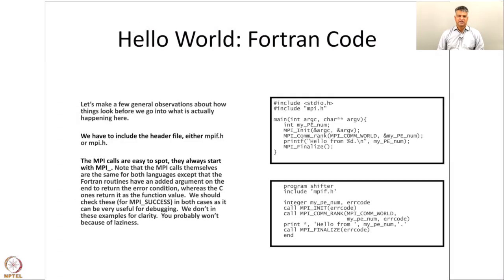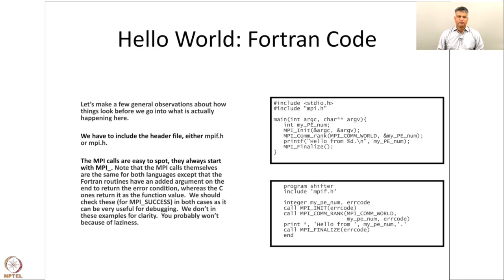So let's make a few general observations at this point of time. For a general MPI code, you will always need to include the header file mpi.h in C or mpif.h in Fortran. MPI calls are always easy to identify because they always start with MPI underscore, and the calls themselves are usually the same in most programming languages.